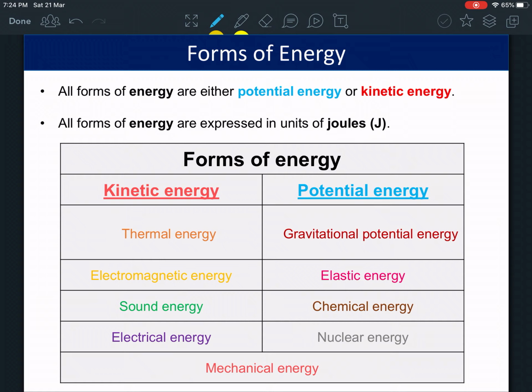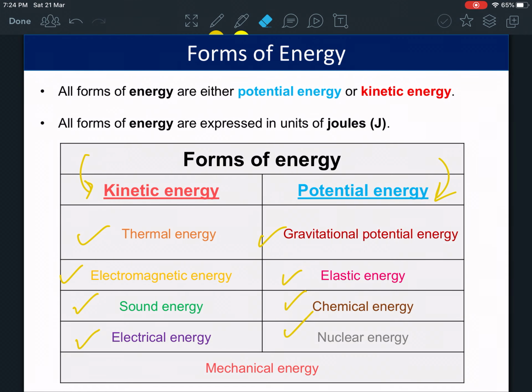Okay, now you have these kinds of energies here. You don't have to worry about these because we're going to take each one of them in detail. Now you have to understand that some energy is called kinetic and some energy is called potential, and each one has different kinds of energy under it.